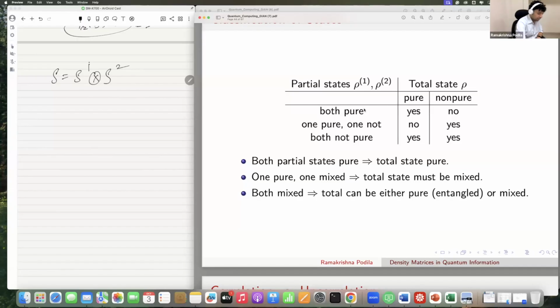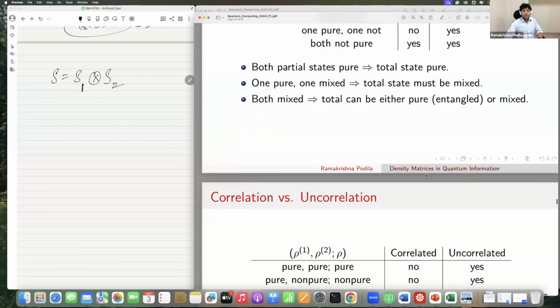If rho 1 is pure and rho 2 is pure, the total state is always pure. By the definition of trace of AB, you can see that trace of rho squared will always be 1 here. So if the states are pure, the total state is pure, right?